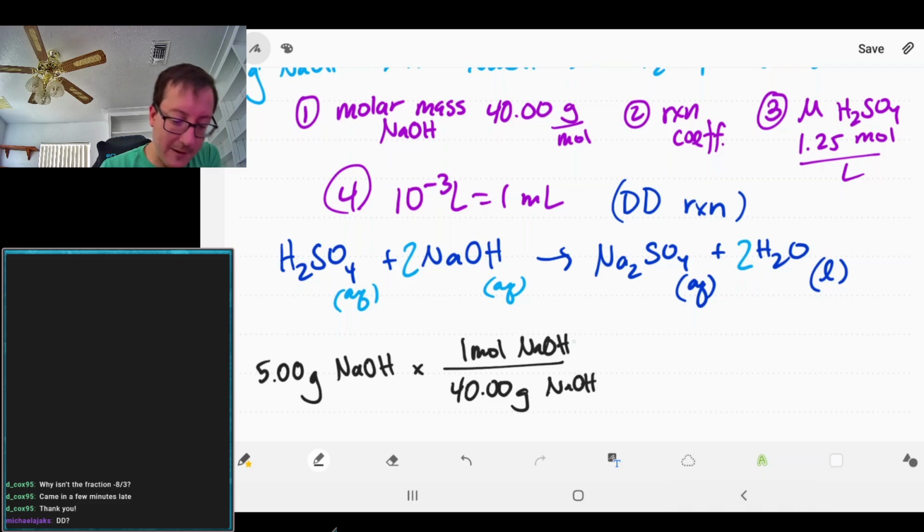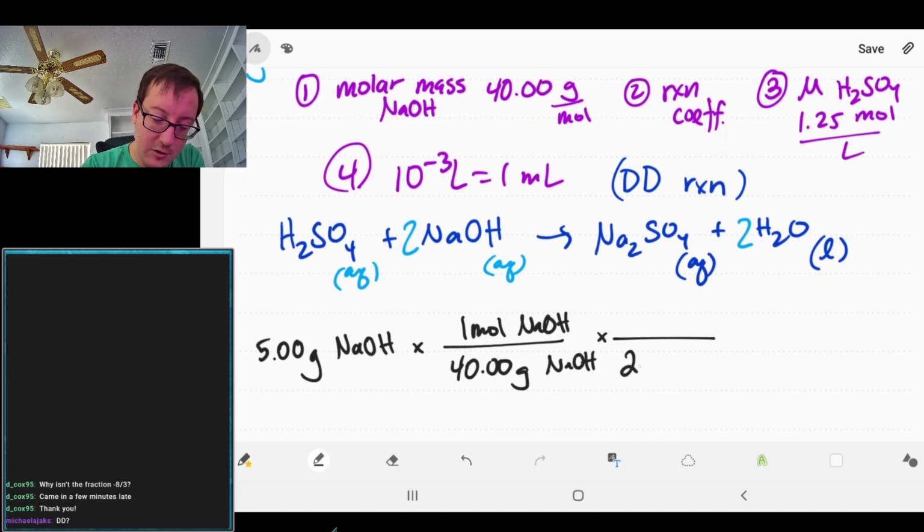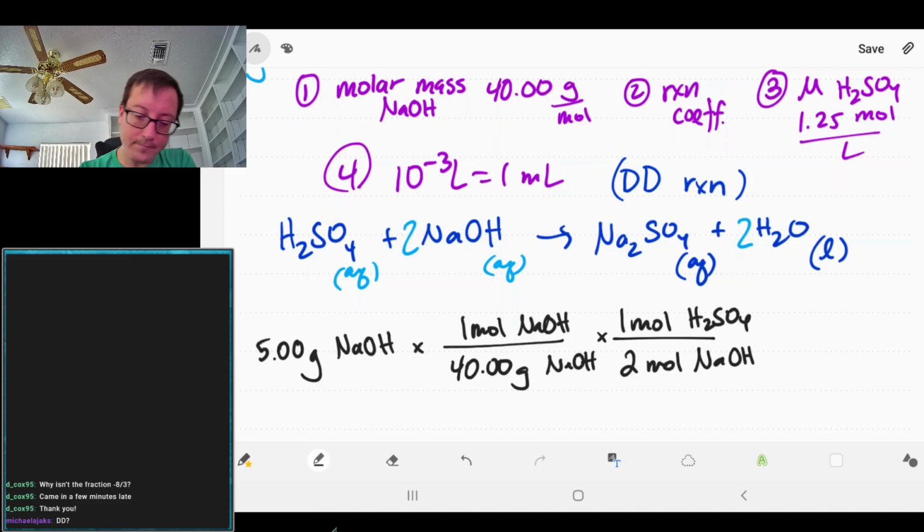Notice again, I'm being very specific about what substance I'm doing at each time. So sodium hydroxide first. Next, we need our reaction coefficients. We have 2 moles of NaOH. That's our coefficient in the reaction. 1 mole of sulfuric acid.